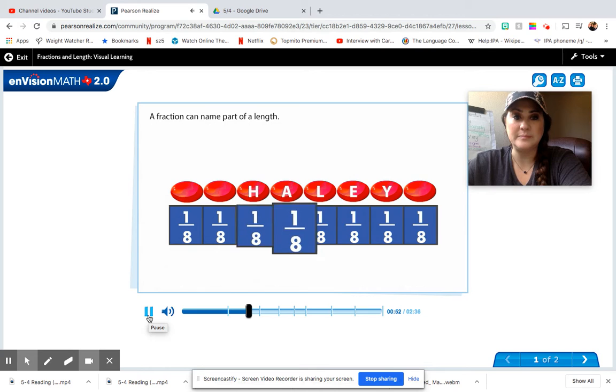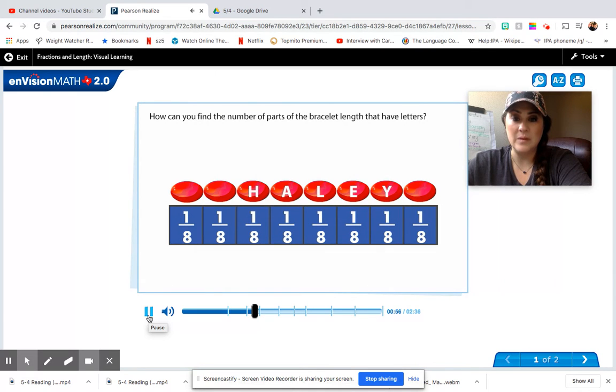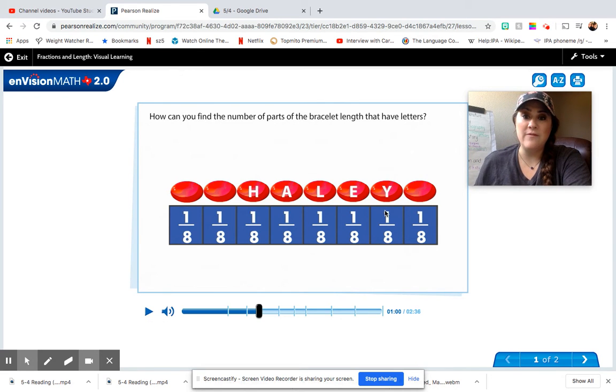A fraction can name part of a length. How can you find the number of parts of the bracelet length that have letters? We're going to count them. So let's see. 1, 2, 3, 4, 5. I would say that the bracelet length is 5/8 of the beads that have letters.